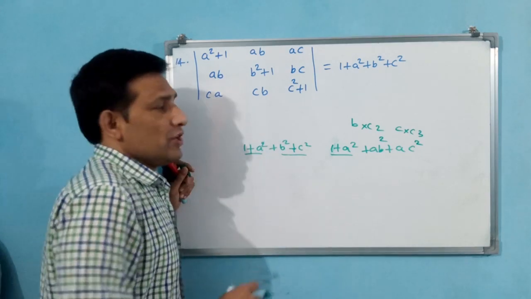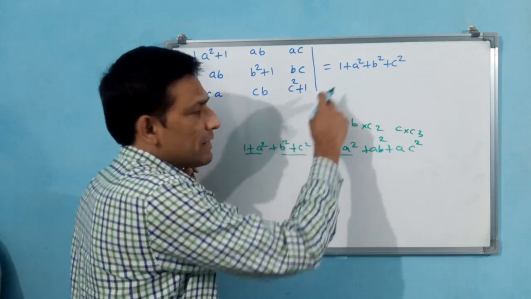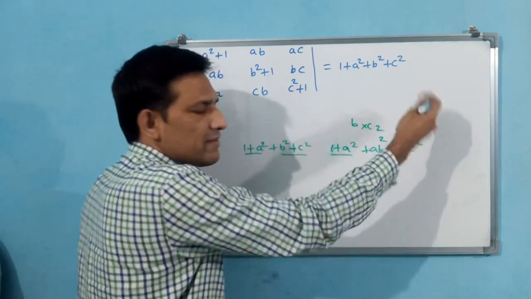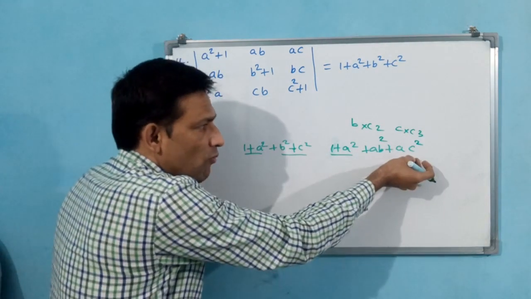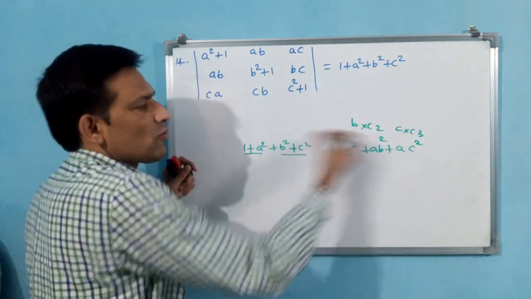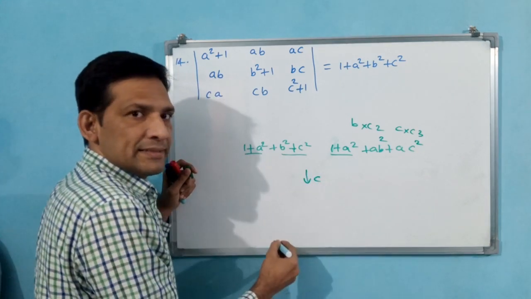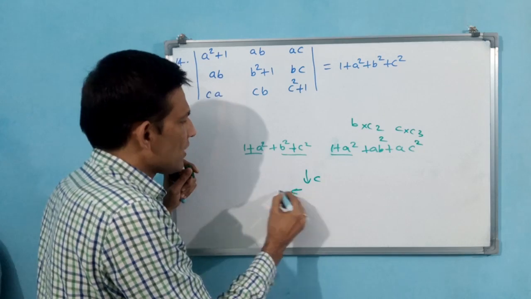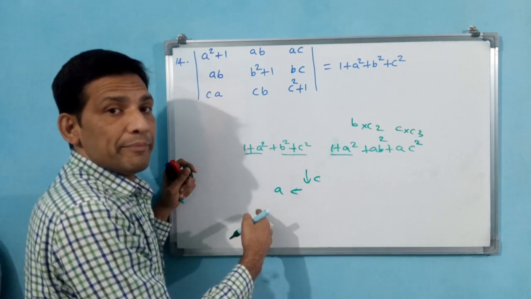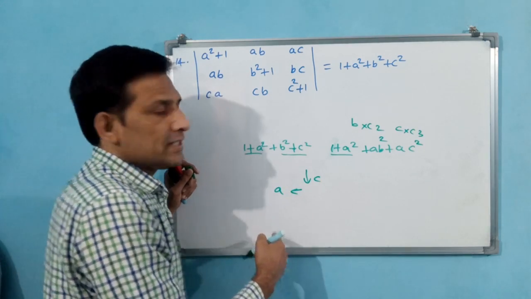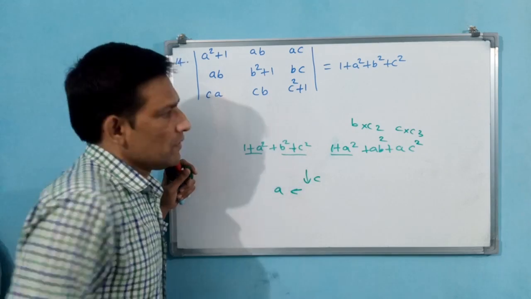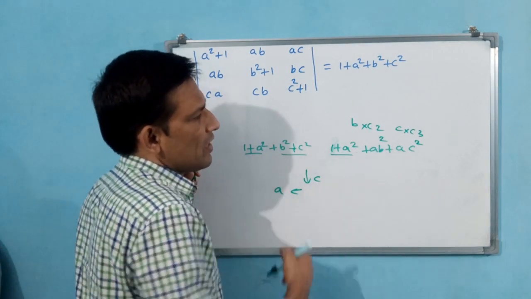See, here you are multiplying B and C separately for C2 and C3. But you want to take A from the complete row. Column you have multiplied, row you are removing A. Understand? How to remove? A is there, okay, you can remove.